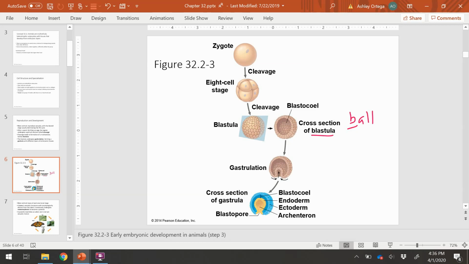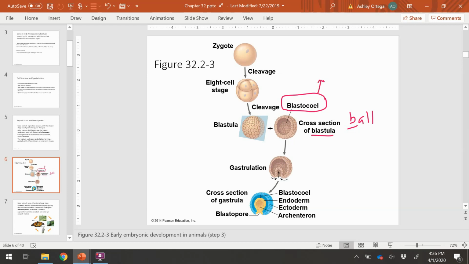And so this word, while not super important, we will see in the embryonic development different words for cavities, which is something that's important in this chapter. And so this word, while not essential to this part, is something I do like to point out.